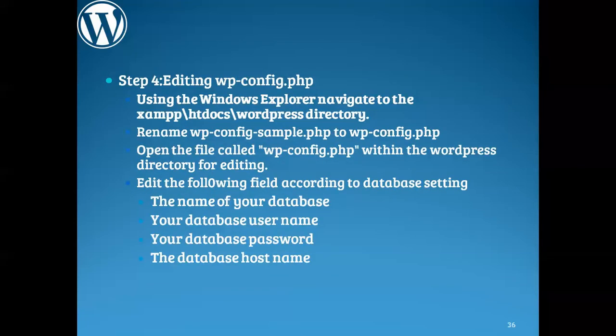Step 4: edit wp-config.php in the XAMPP folder. Here is the path: XAMPP/htdocs/WordPress. You will find wp-config.php over here. You have to rename wp-config-sample to wp-config.php.